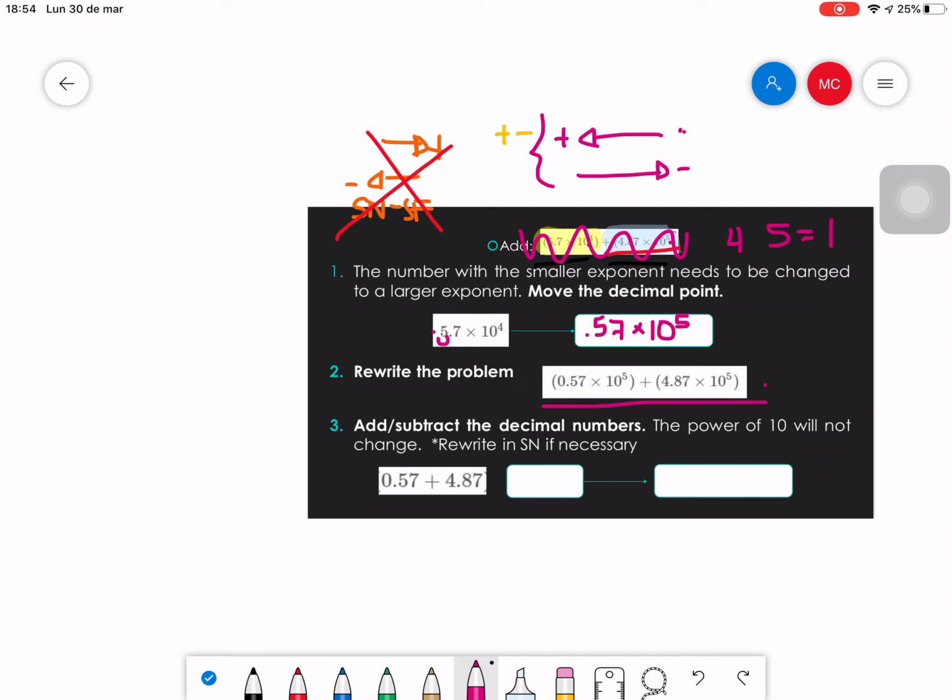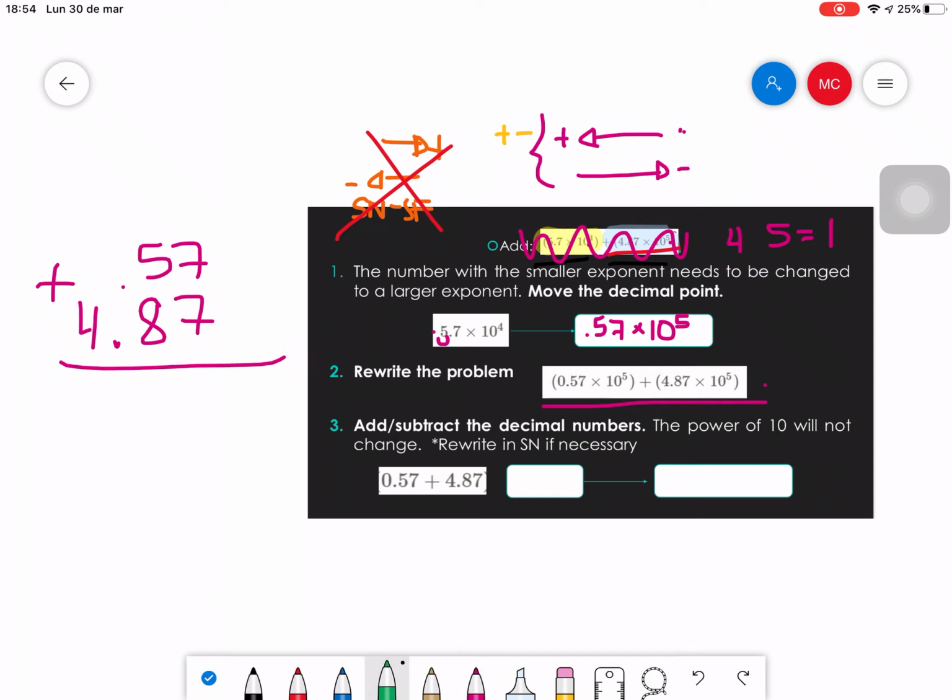Entonces, vamos a sumar completamente normal. 0.57 plus 4.87. Let's add, okay?